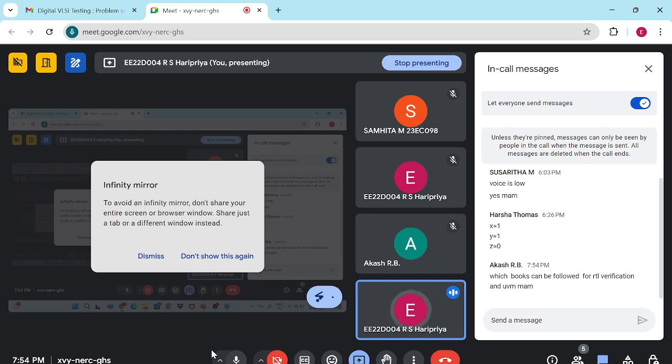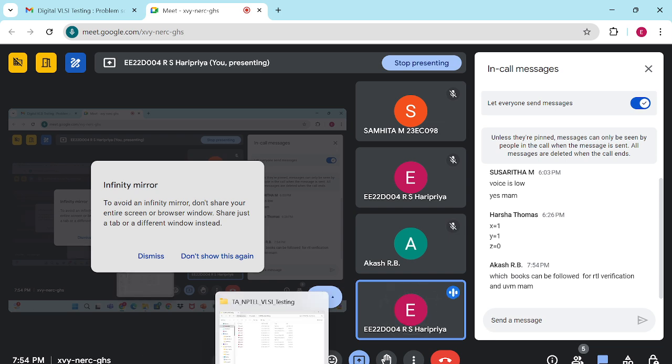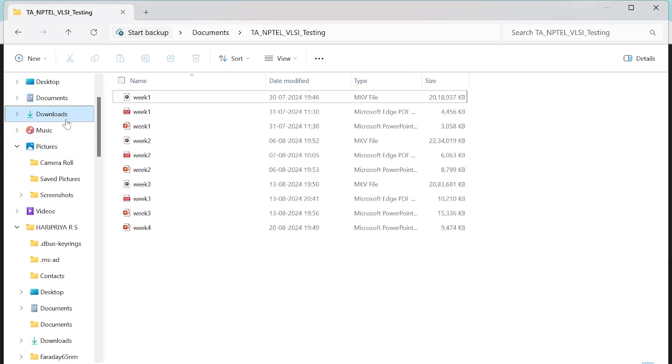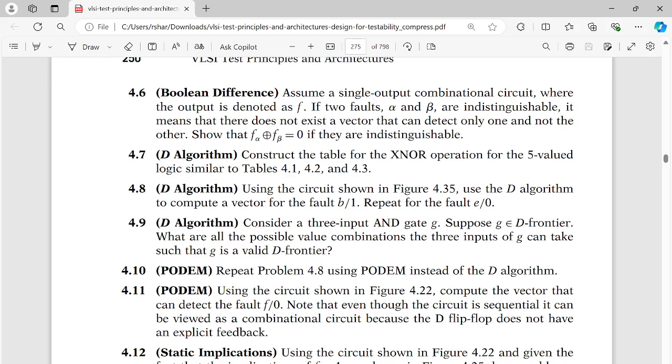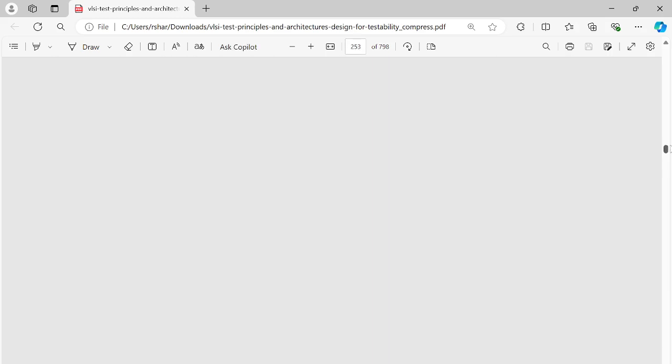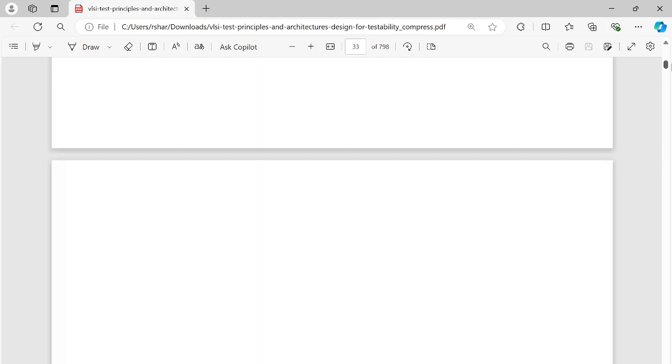Verification book, I am not sure, but for this testing, I think you can follow this book. This book follows a similar approach. This is the book.